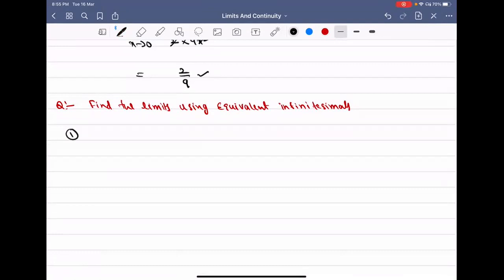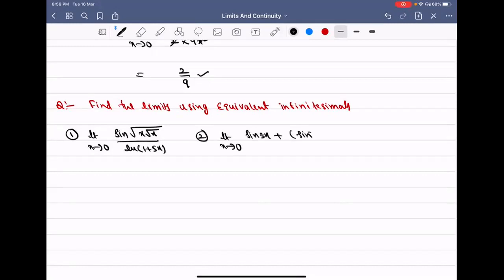Question number 1: limit x tends to 0, sine square root of x over ln of 1 plus 5x. Question number 2: limit x tends to 0, sine 3x plus sine inverse x whole square minus tan inverse x whole square over e power 5x minus 1.